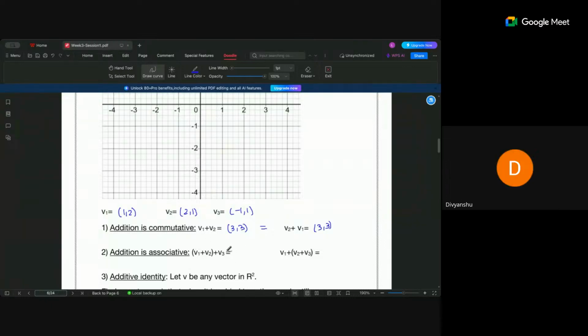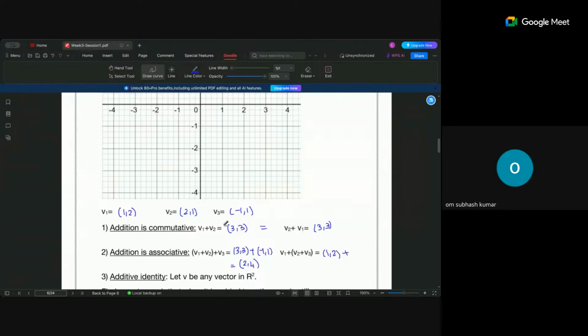Any other questions? So what is the associative property here? Now what is V1 plus V2? We have already calculated, which is 3 comma 3. Now what is V3 minus 1 comma 1? Now what is the sum here? 2, 4. Now let us change the brackets. First we will just write V1 and then we will add V2 plus V3.